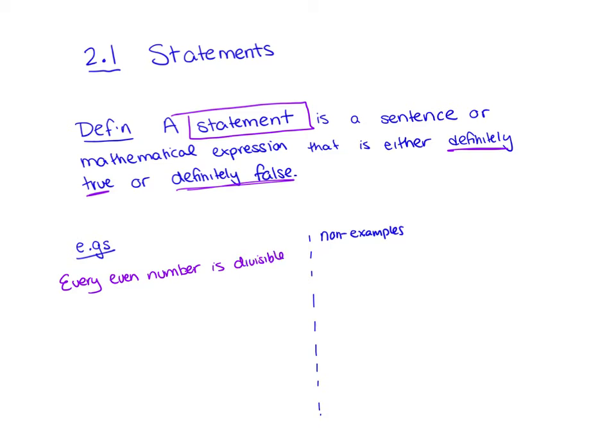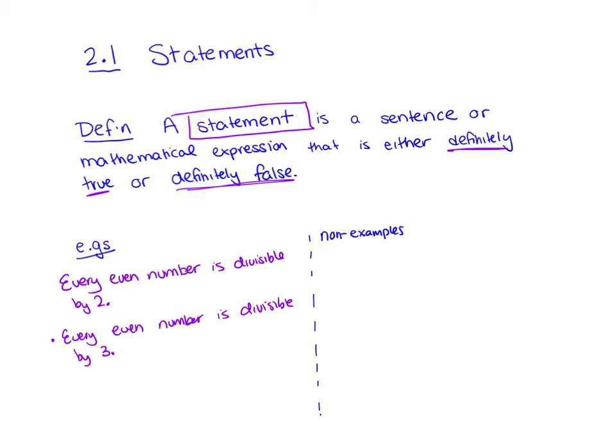That is either true or false. In particular, it is true. So that is a statement. I could also say every even number is divisible by 3. That is also a statement because these are true or false. But in this case, right, it's false. That's fine, it's still a statement.